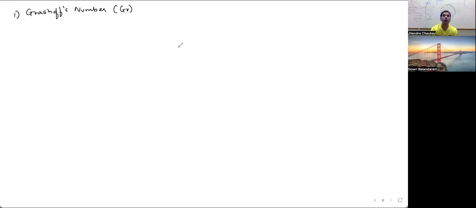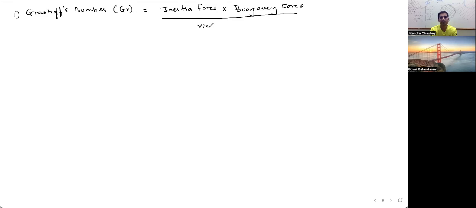The Reynolds number was inertia force upon viscous force. This is equal to inertia force into buoyancy force upon viscous force square.